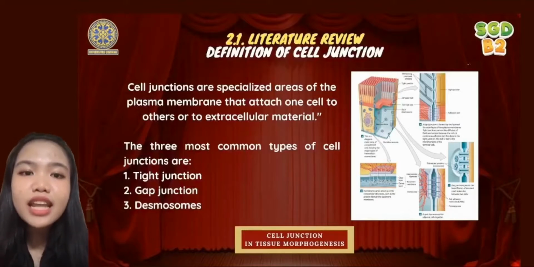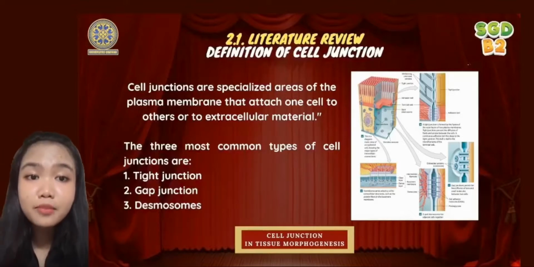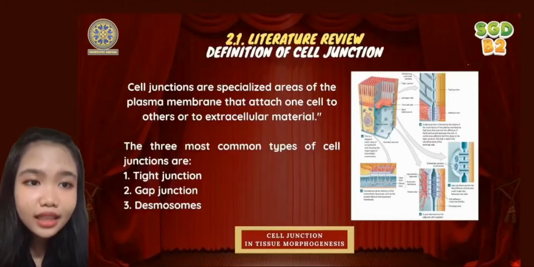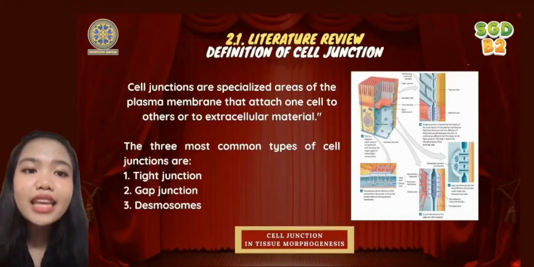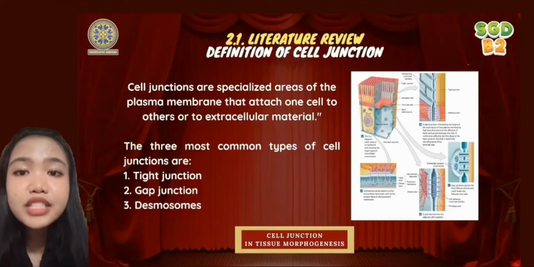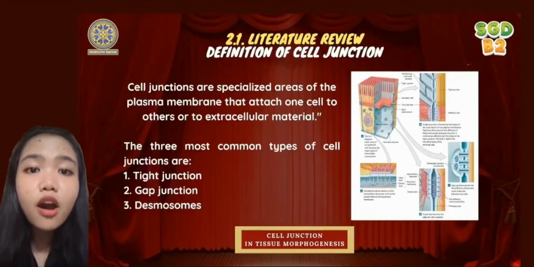And number 3, desmosomes. In tight junction, the lipid components of 2 plasma membranes are tightly bound together by membrane proteins locked under tight intersection. Tight junction effectively sequesters the contact lumen from the bilateral surface of the cells.